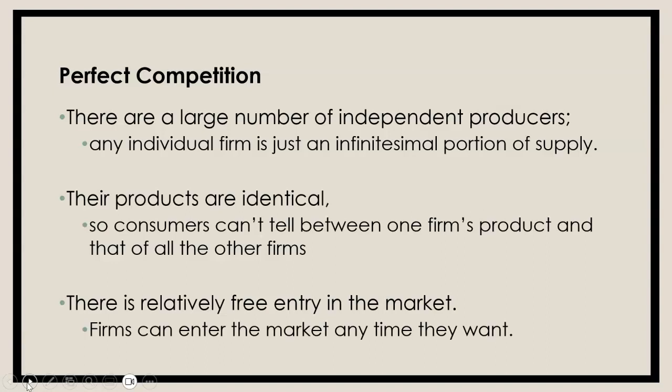Second characteristic, the products are identical. That means that consumers can't tell the difference between one firm's product and that of the other firms. And finally, there's relatively free entry in the market. Firms that are outside, not producing the good that's traded in this market, can enter the market pretty much anytime they want.